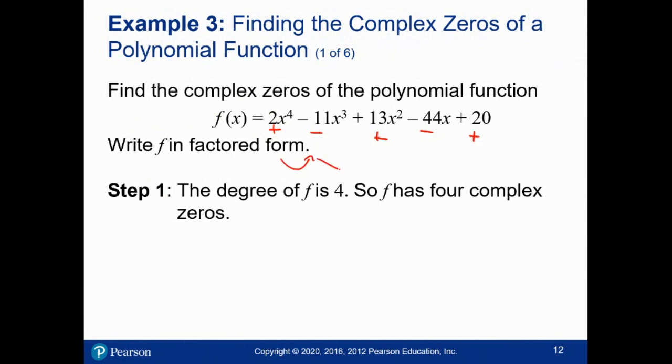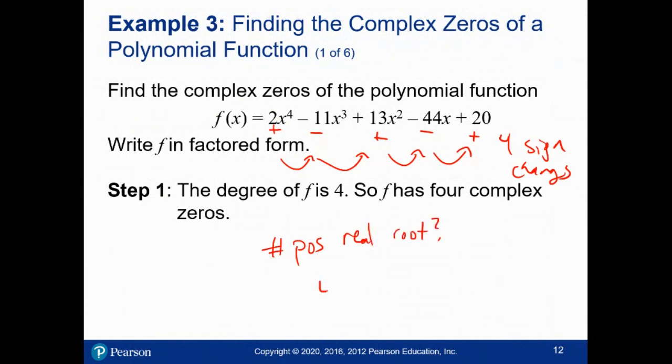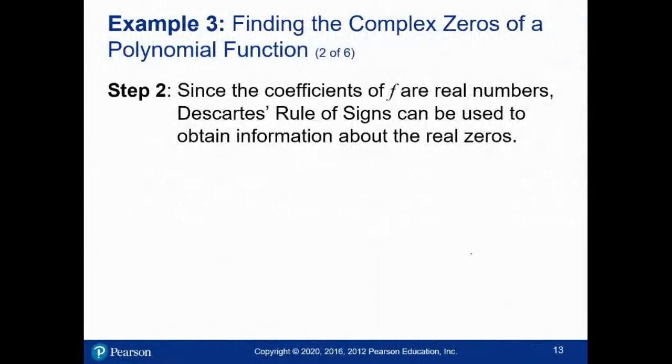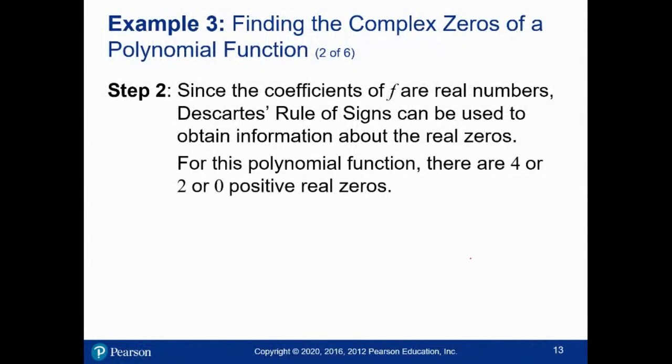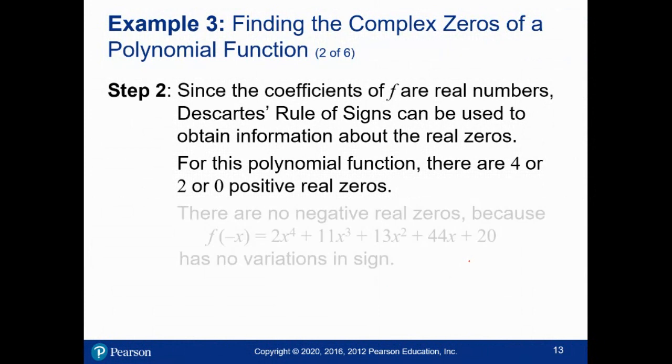How many changes? 1, 2, 3, 4. 4 sign changes. So by Descartes' rule of signs, how many positive real roots? It could be 4, but it also could be 2, or it could be 0. Okay. So that's what we have here. They're either 4 or 2 or 0 positive real zeros.